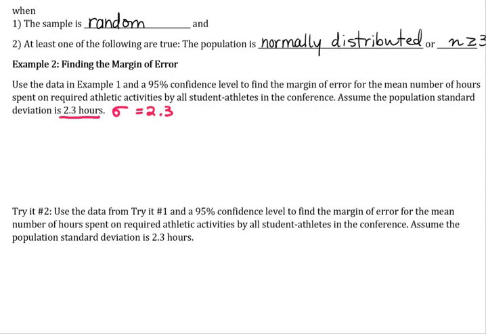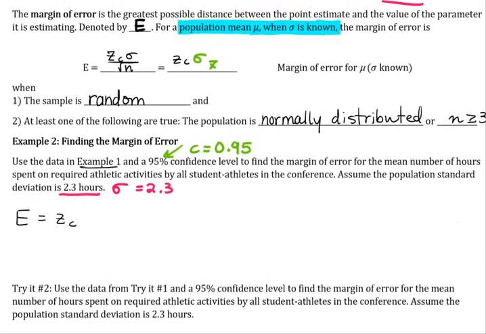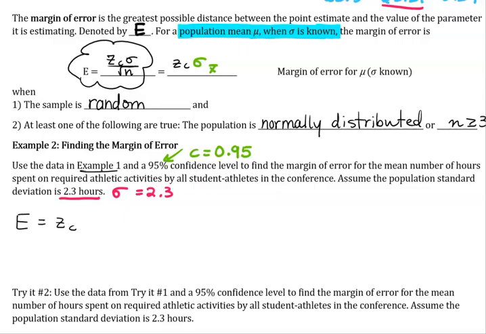We also know that C is 95%, so C is equal to 0.95. And coming from example one, I'm going to scroll up to example one because let's think about everything we need. We're finding the margin of error using the formula that we just discussed: Z sub C sigma divided by the square root of n.